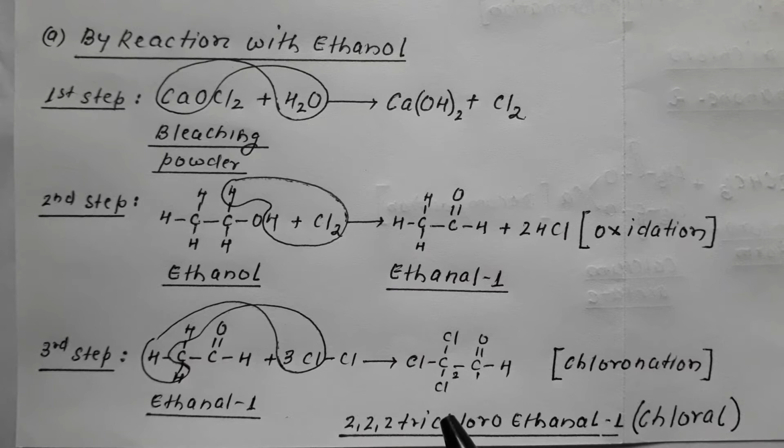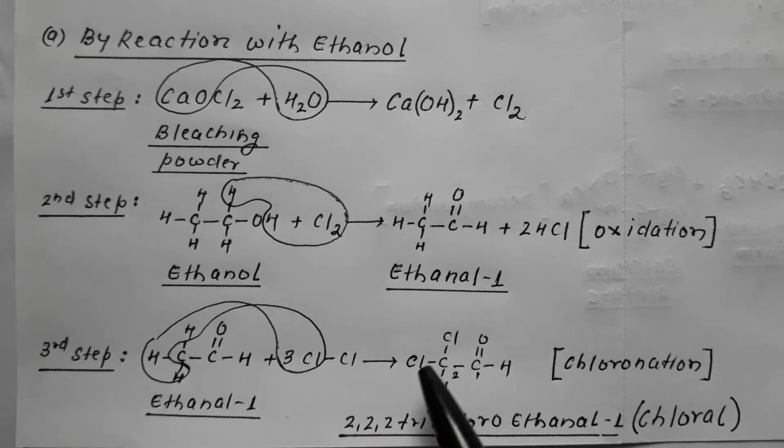So if 3H of ethanal is replaced by 3 chloro at position 2, the compound is CCl3CHO. 2 comes eth, single bond an, aldehyde al, at number 1 having chloro at 2, so it is 2,2,2-trichloroethanal.